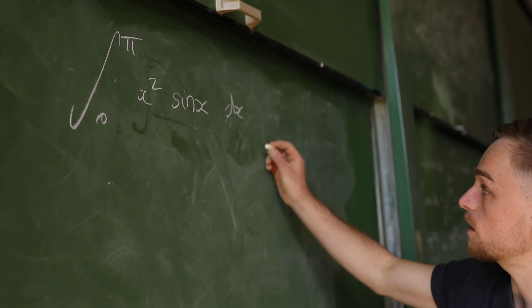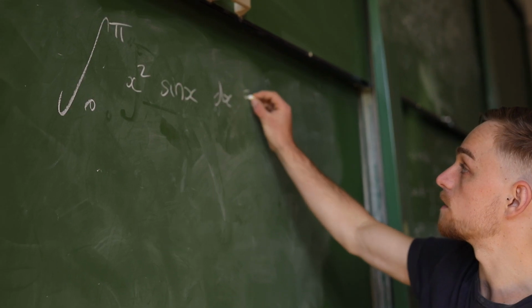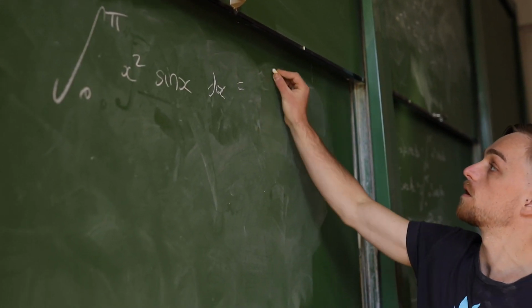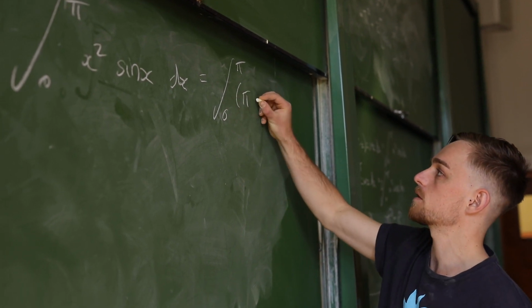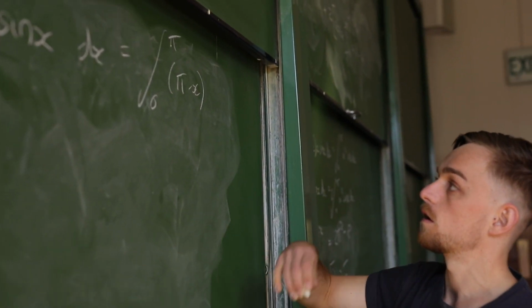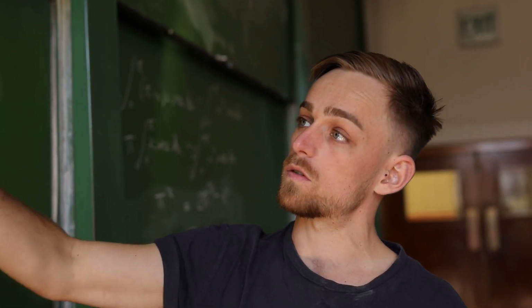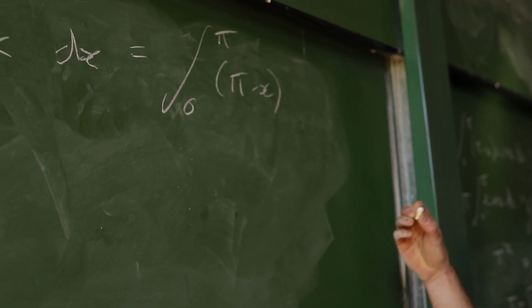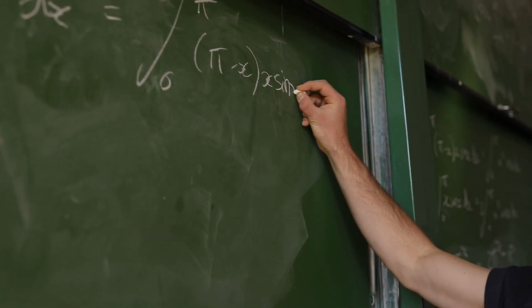Now what we have on our right-hand side is our transformed integral, which we found to be the integral from 0 to pi of pi minus x times f of sine x, and f of sine x, like we found for this integral on the left-hand side, is x sine x. So we plug in x sine x here as well.